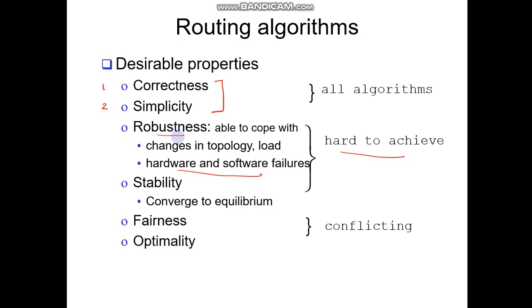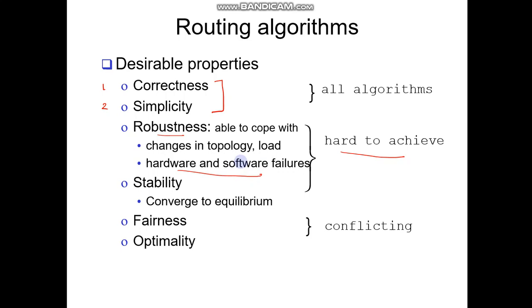The algorithm should be able to detect any change in the topology or network traffic or any hardware or software failures. It is not possible to reboot the network because of a hardware or software failure.